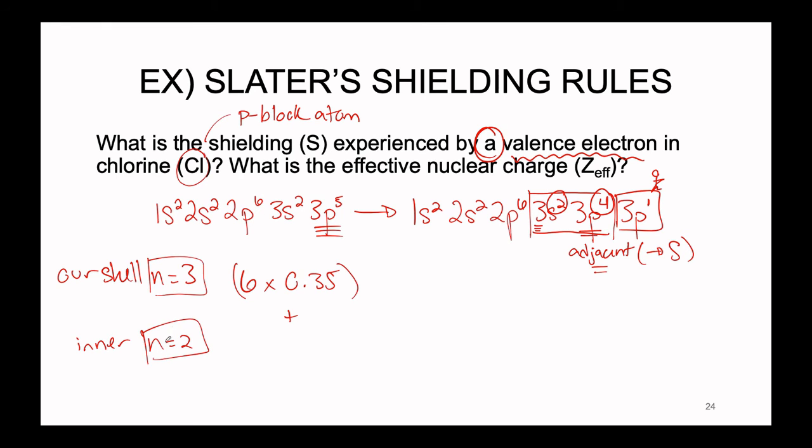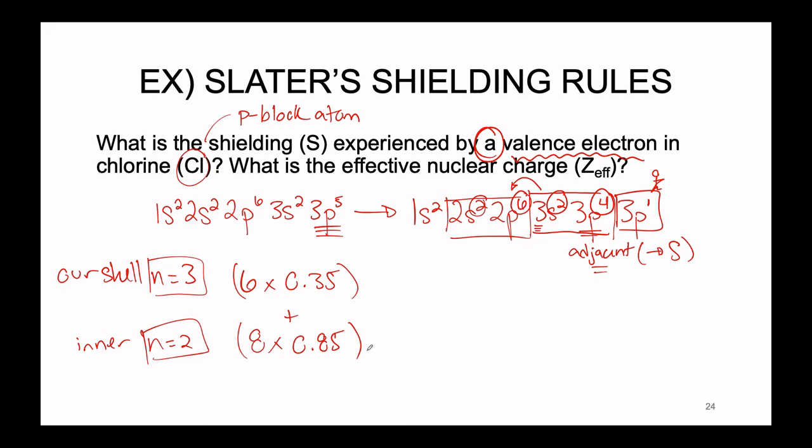This is n-1. So now we have to work our way deeper into the atom. We're looking at the inner electrons in the next shell, where we can see that there are a total of 2 plus 6 equals 8 electrons that are in the n-1 shell, and we're going to see these 85% of the time.